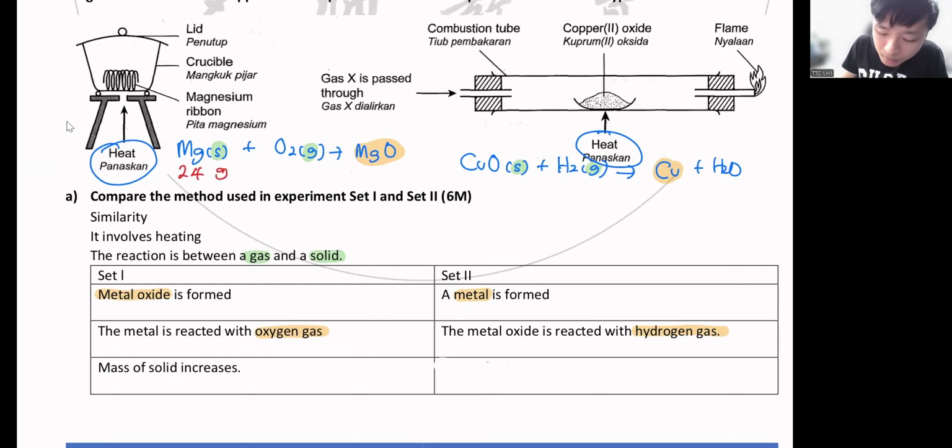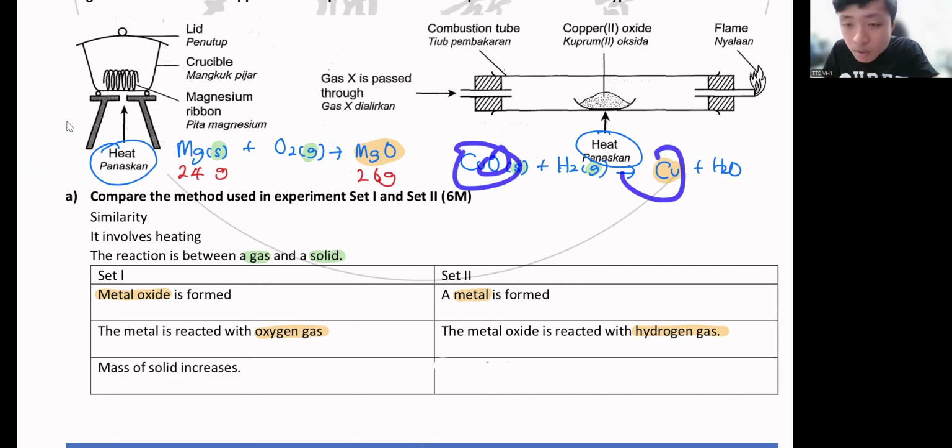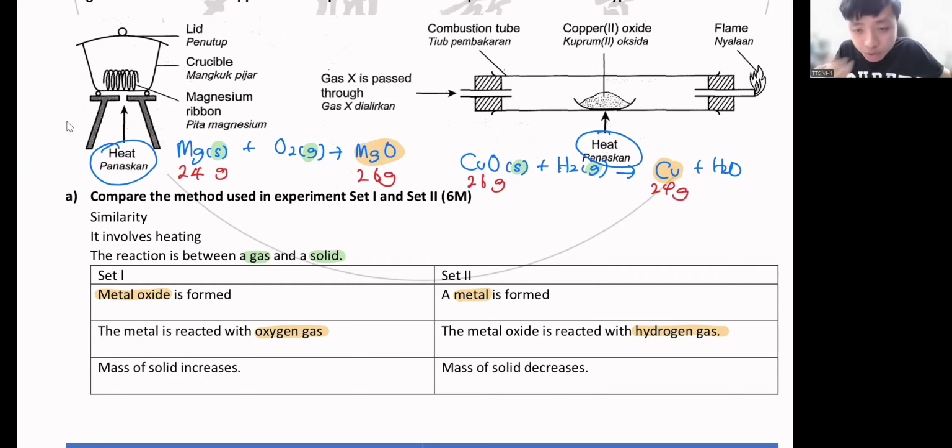Let's say 24 gram becomes 26 gram. Now, why? Because you added oxygen. Then the mass will be slightly heavier. But for CuO, the O is taken out. So the mass will be decreased, supposedly. So you can say the mass of solid decreases.